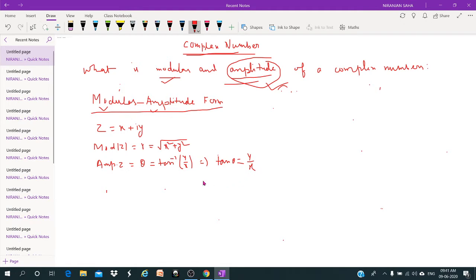Now draw the figure, it is easy to understand. If there is z, this is y, this is x, this is r equal to root over x square plus y square.